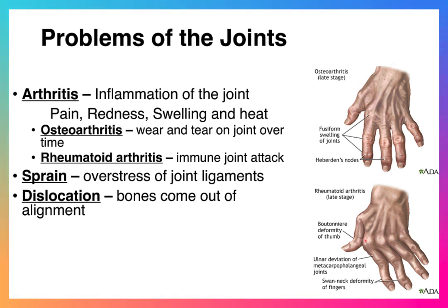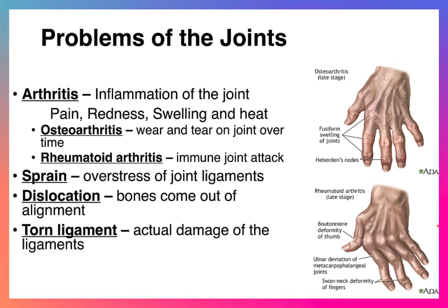If the metacarpal phalangeal joint is dislocated, what would happen is the phalanges would be pulled out from where it's supposed to be and would be directed in a direction it's not supposed to go. And basically what you do is you pull this out and put it back into alignment. Obviously, the larger the joint is that's dislocated, the more problematic it can be.